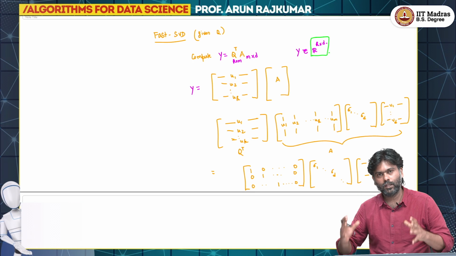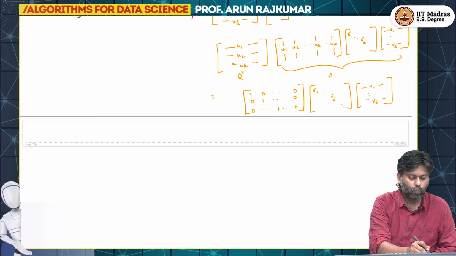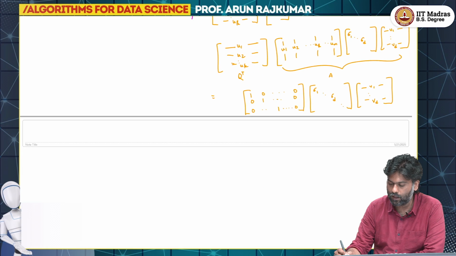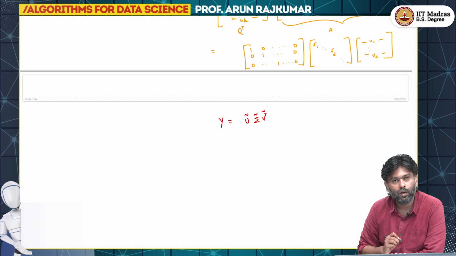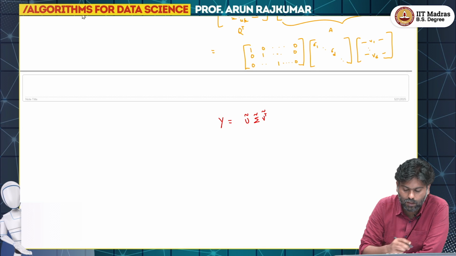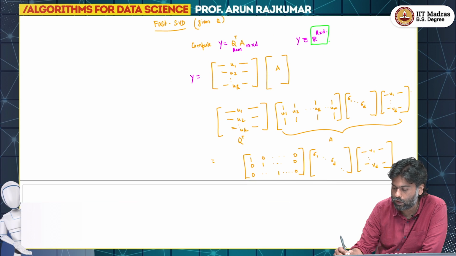Now, if I do the SVD of that, the SVD of Y should be some U tilde, sigma tilde, V tilde transpose. But what dimensions are these going to be? Y is k cross d, so U tilde is going to be k cross k, sigma tilde is going to be k cross d, and V tilde is going to be d cross d.